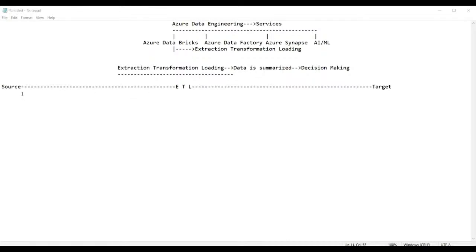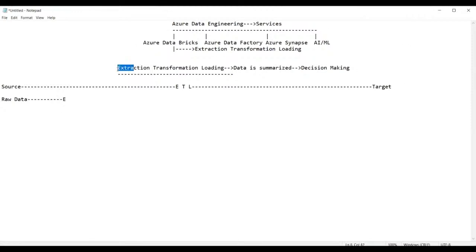What is the source? What is the target? Let us try to understand this. Source is a place where we get the raw data. This raw data is extracted as per the requirement in the process of extraction.